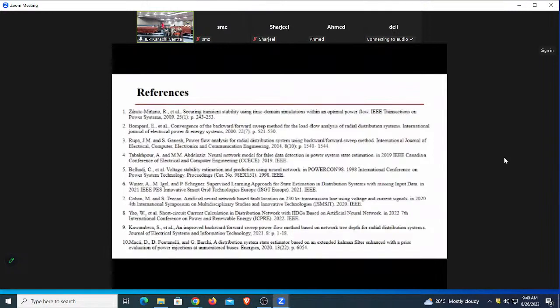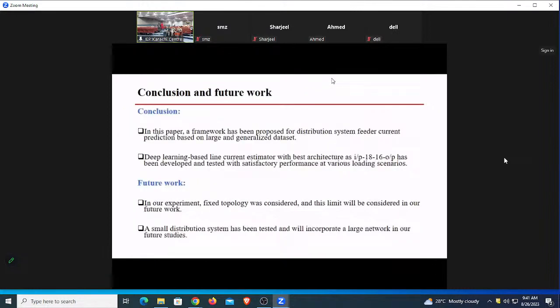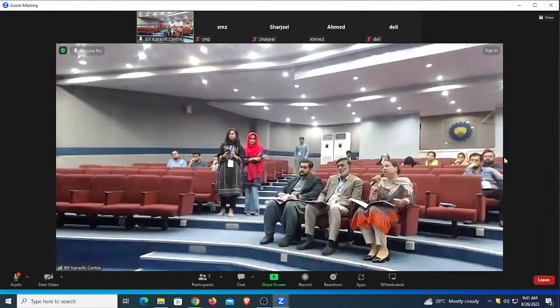Yes. Then how can you know that in the actual situation, which is already reported in the literature, you are going to get the same values for the same design? Because we used load flow analysis with the backward forward sweep method, and our values matched our research paper's line currents. We first ran the load flow, and after that we started improving our data set.